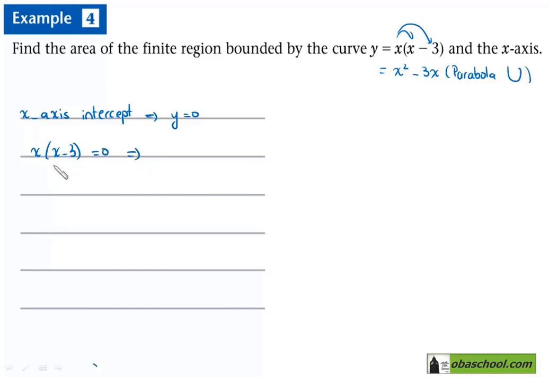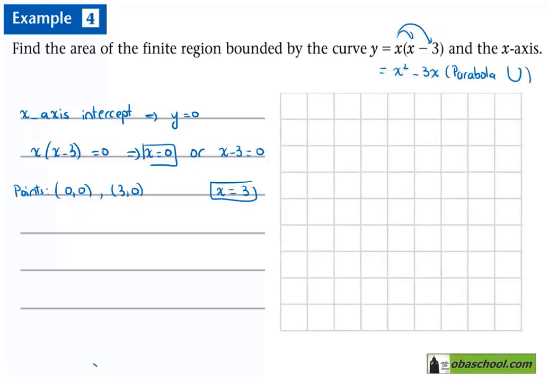That means either x equals 0 or x minus 3 equals 0, which is x equals 3. These are the 2 points. Therefore, the points are (0, 0) and (3, 0).